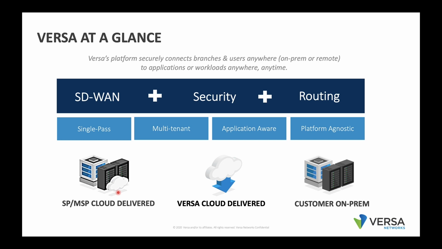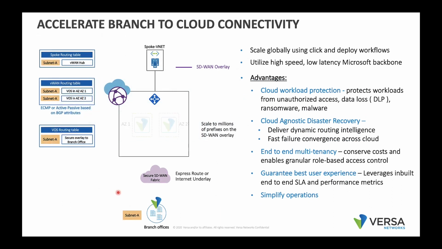This solution is also natively multi-tenant, application-aware, and platform-agnostic. We are very excited today to announce that Versa SASE is now available within Azure Virtual WAN natively in private preview. Leveraging this, branch offices now get application-aware smart connectivity to your cloud workloads in Azure. This also guarantees adaptive cloud workload protection for your assets in Azure.